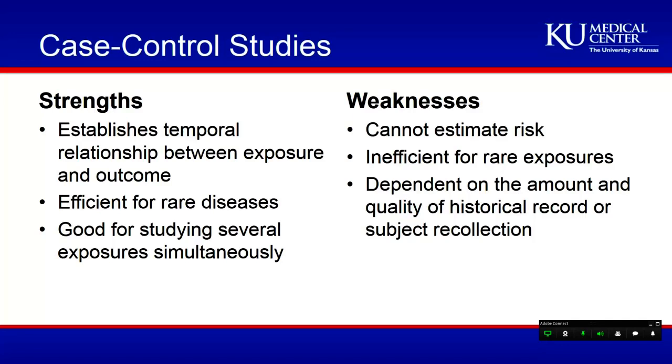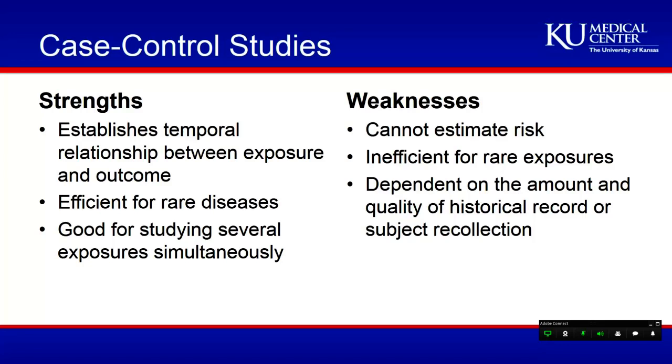The weaknesses have to do with all the weaknesses that come along with removing randomization, removing a concurrent control, right? Meaning it's being observed and treated and outcome measured at the same time as the treatment group.